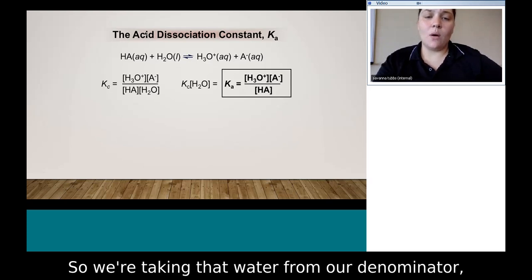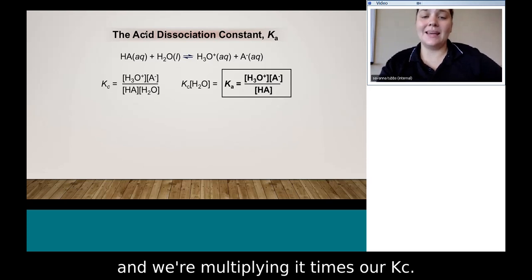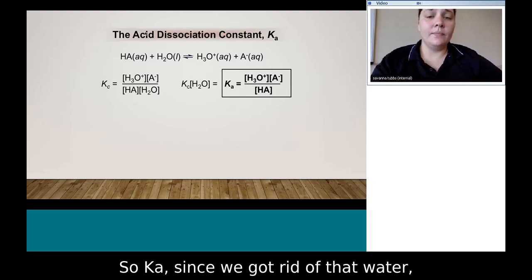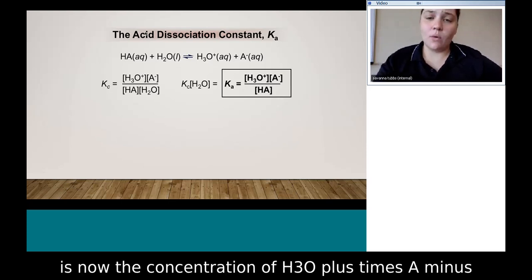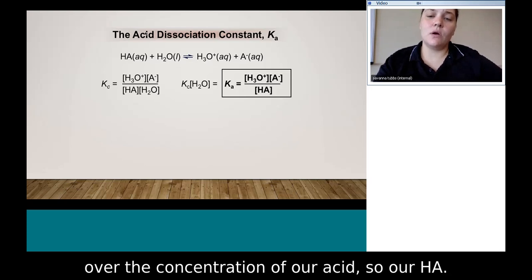So we're taking that water from our denominator and multiplying it times our Kc. Since we got rid of that water, Ka is now the concentration of H3O+ times A- over the concentration of our acid, HA.